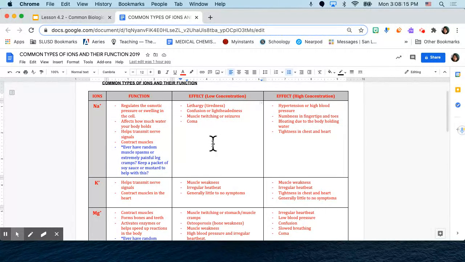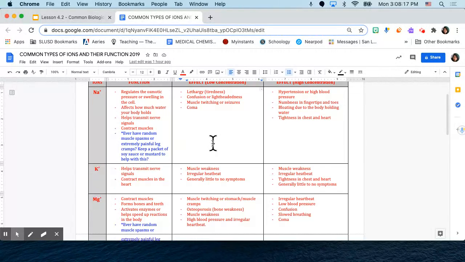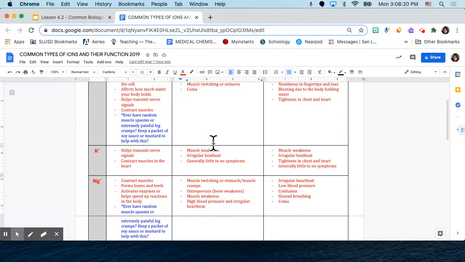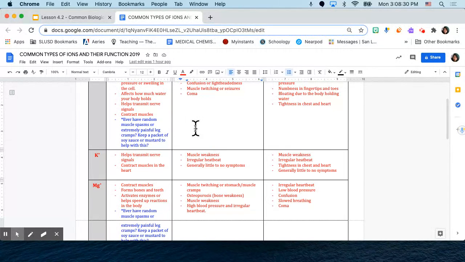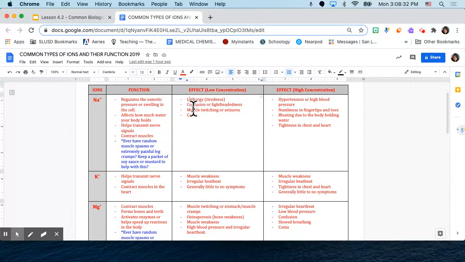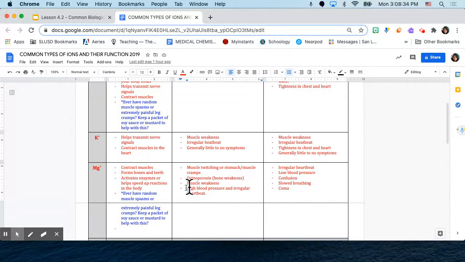But if you ever play sports, there might be a time where your leg starts spasming and you wonder, why is it twitching? What's going on? Often that's a sign of low sodium or low magnesium. Another symptom would be extremely painful muscle cramps in a very localized area.